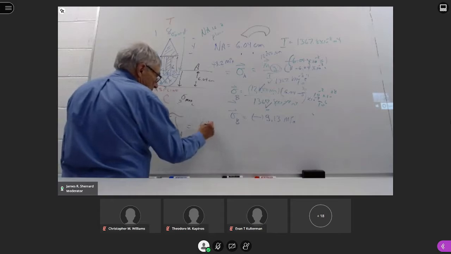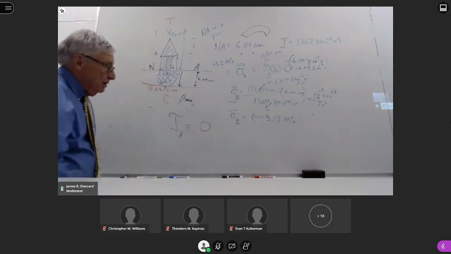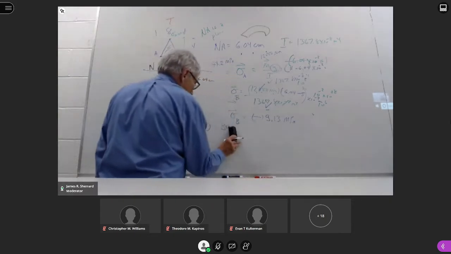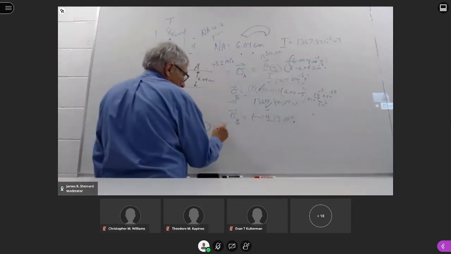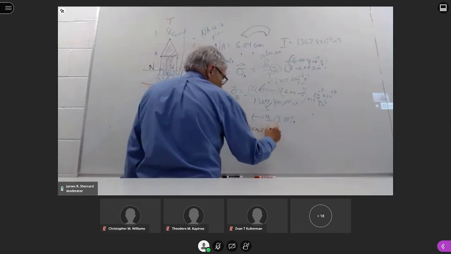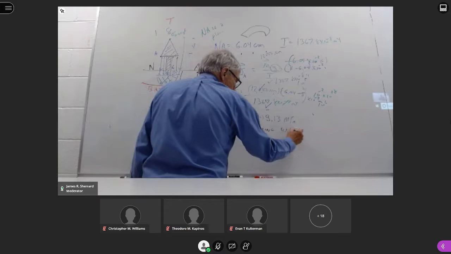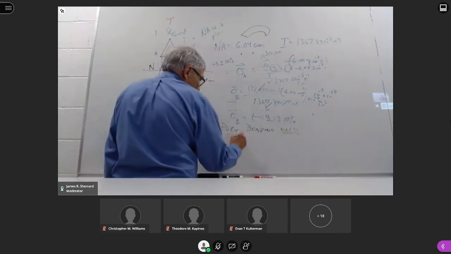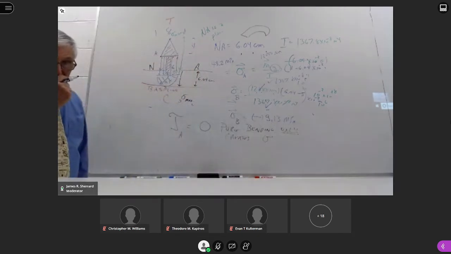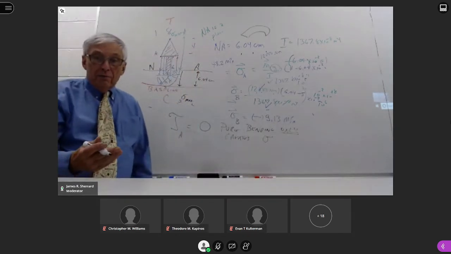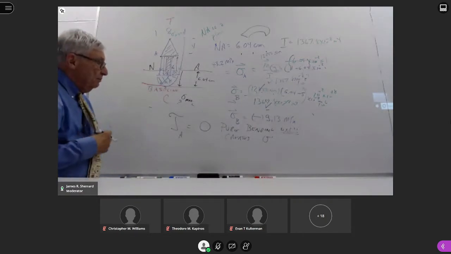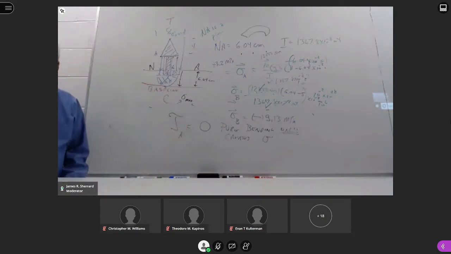This is 0 because pure bending only creates plane stress. It's just like torque only produced shear stress. So this was the answer for the extra credit.